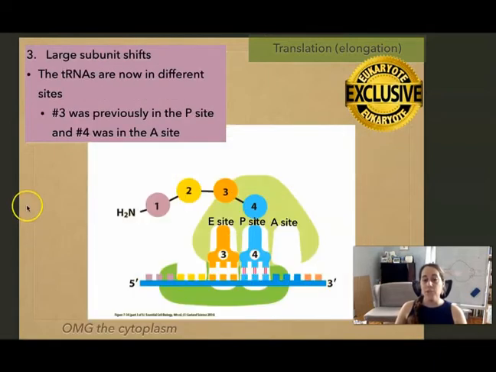After that, we have the shifting of the large ribosomal subunit. And so that occurs kind of as a result of the end of this making and breaking of bonds.